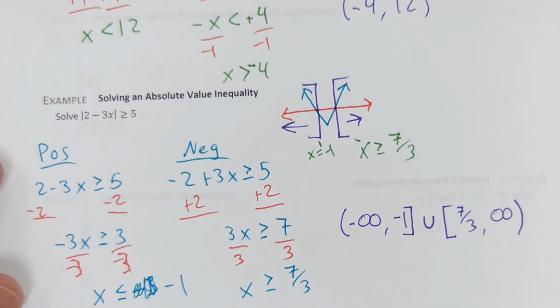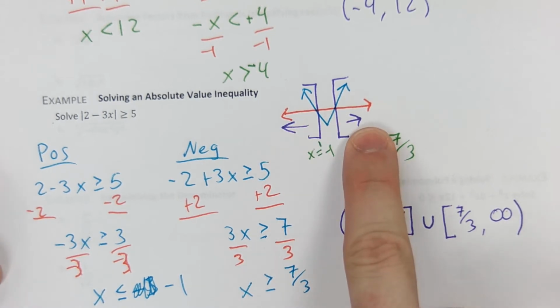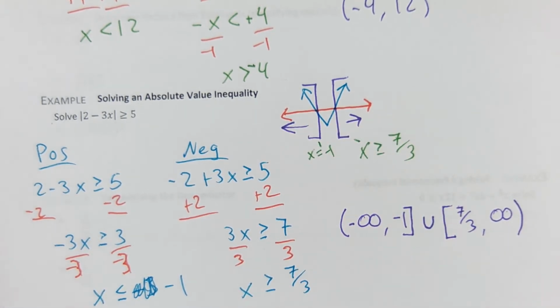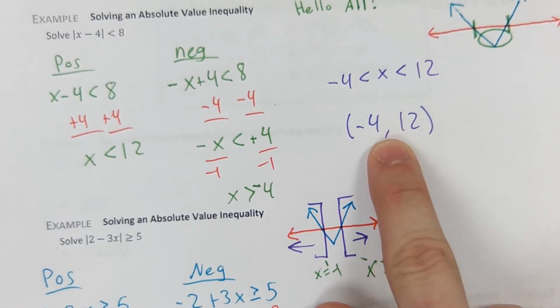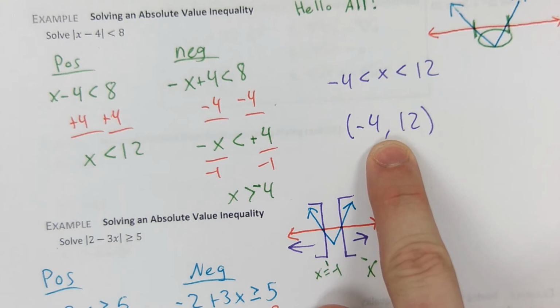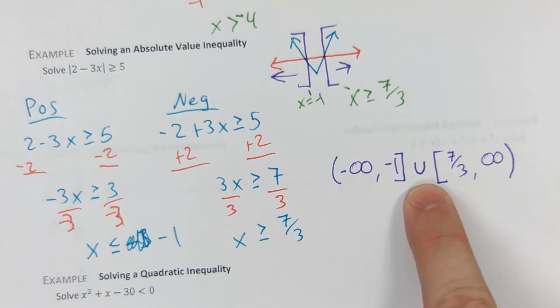However, this is everything that's not in between. So everything over here and everything over here. Because they have absolutely nothing in common, I don't have the ability to say, my answer is a number that is greater than -4 and less than 12. I can't say a number less than -1 and greater than 7/3. That makes no sense. So we have to separate them with a union. Is that better? It's because they don't overlap. They have nothing in common.